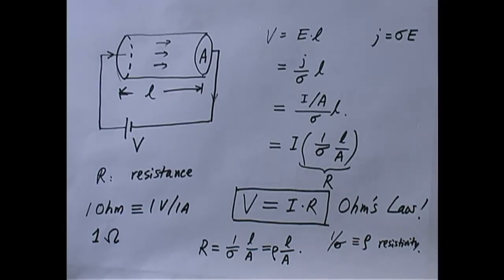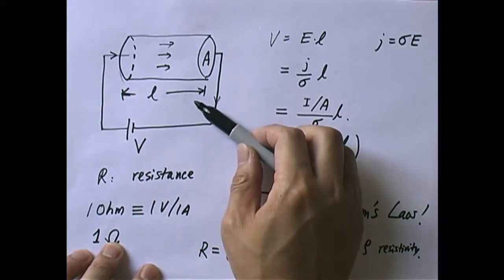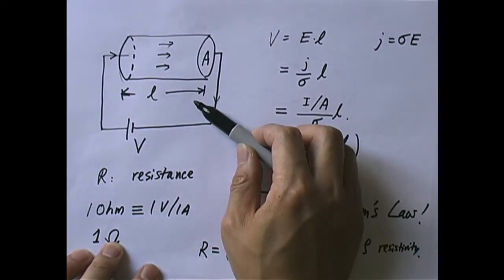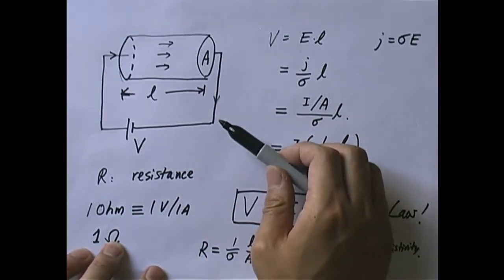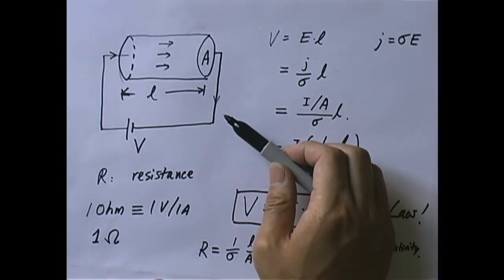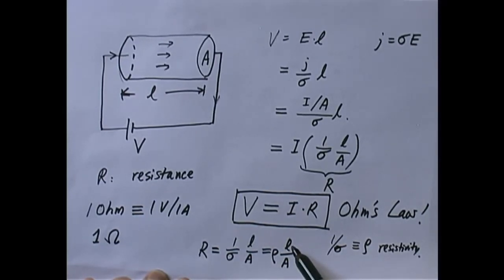Does it make traffic easier or harder? Well, of course it makes it easier because now the current can not only flow this way, it can also flow in a parallel lane, and therefore it's going to ease the congestion. The electrons will collide less with each other because they have more places to go, and therefore you can make the current greater. So it also makes sense, qualitatively, that R is proportional to the length of the resistor and inversely proportional to the cross-sectional area of the resistor.